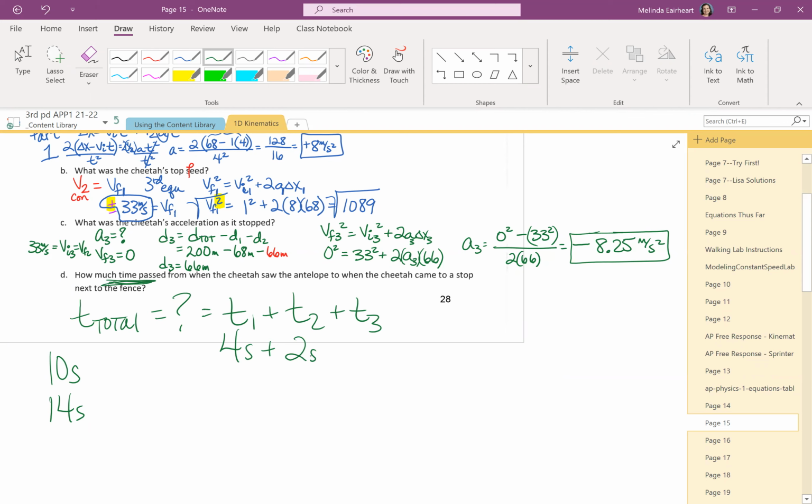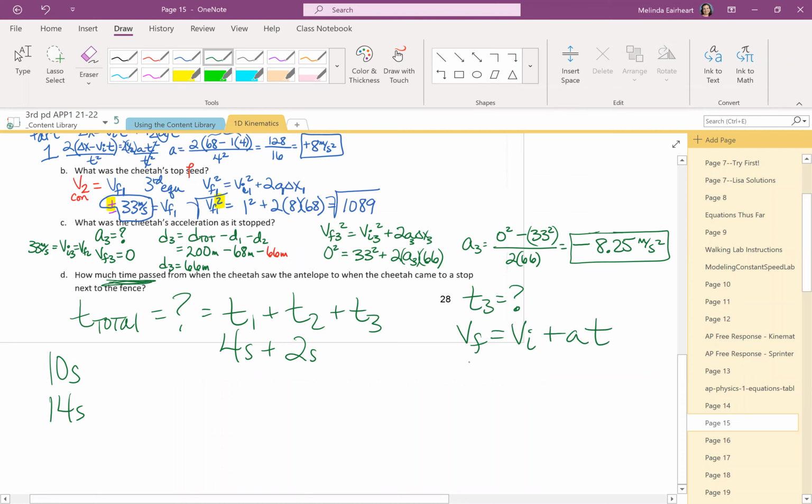And so to find time, the first equation or second equation would get tricky, because with t and t squared, you'd have to do the quadratic. Not that we won't ever do the quadratic, but I try not to if we don't have to. And so let's look at T3 with the first equation.